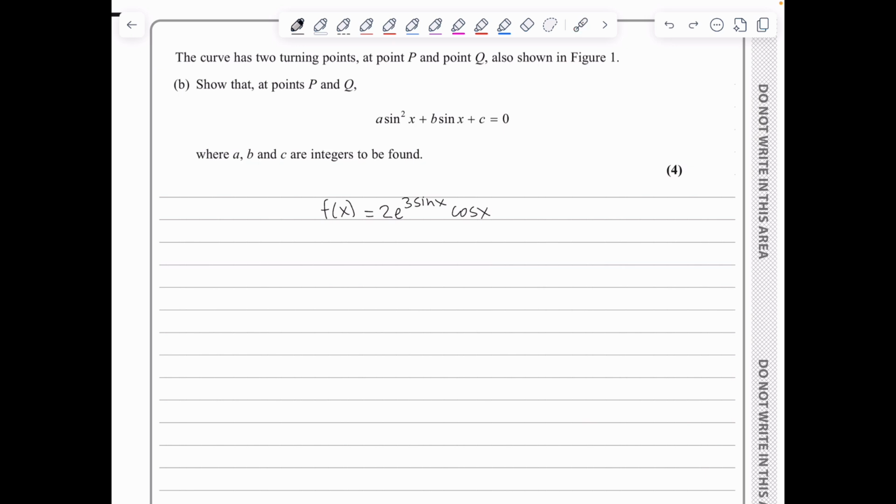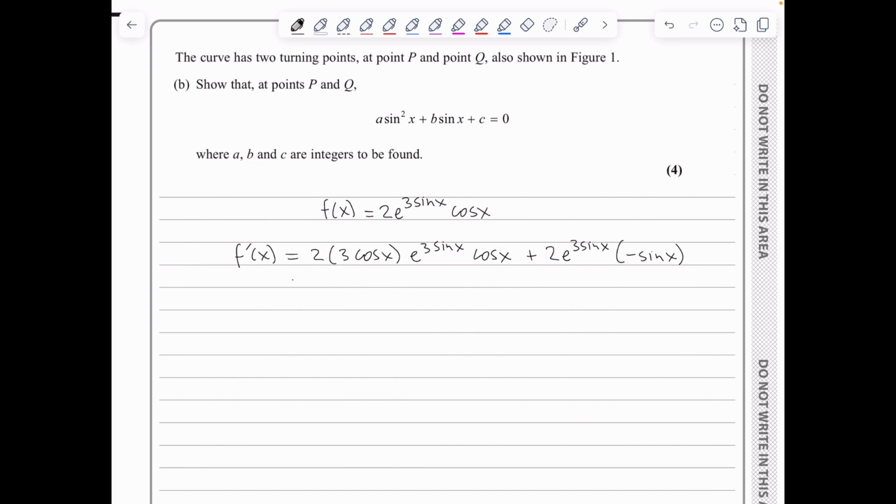So we will be applying the product rule of differentiation here. So I will start by differentiating 2e to the 3 sine x, which is going to be 2 times 3 cos x times e to the 3 sine x, and I keep the cos x, plus we keep the first, which is 2e to the 3 sine x, and I differentiate cos x to give me minus sine x.